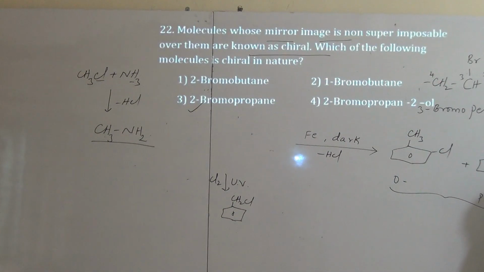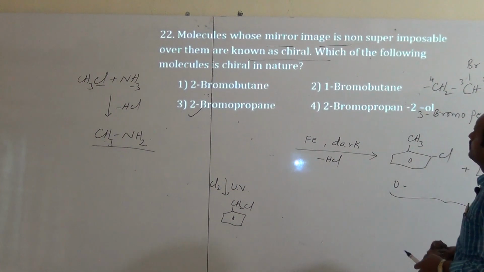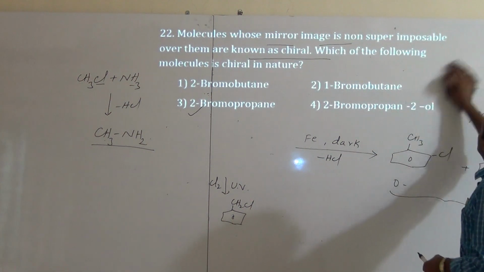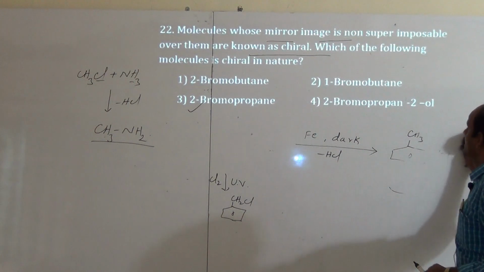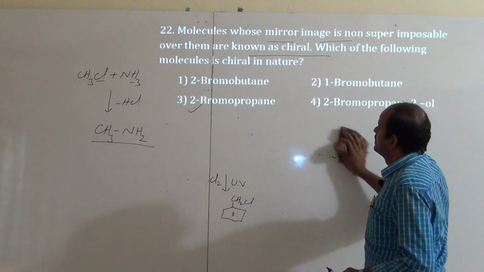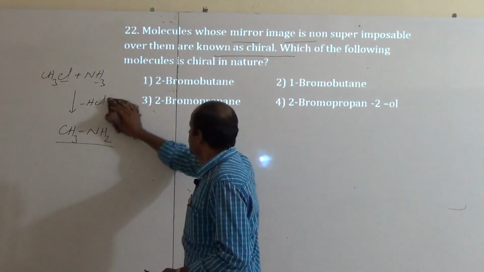Next bit. Molecules whose mirror image is non-superimposable over them are known as chiral. Which of the following molecules is chiral in nature?